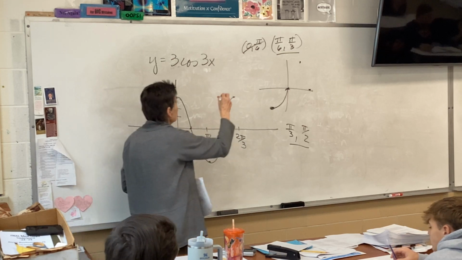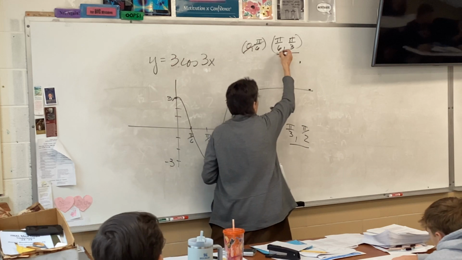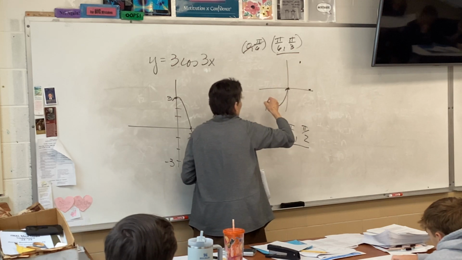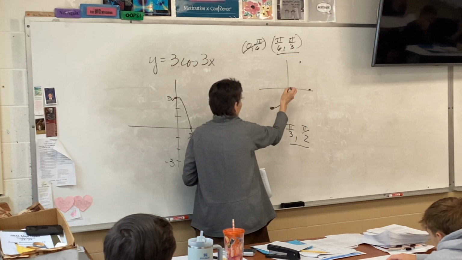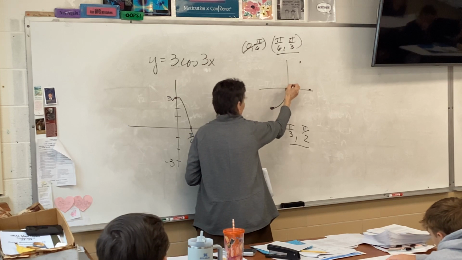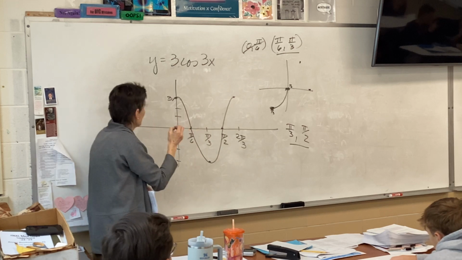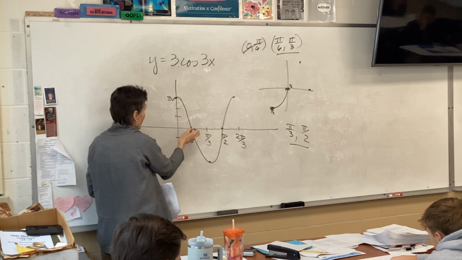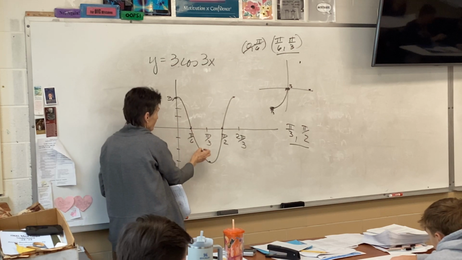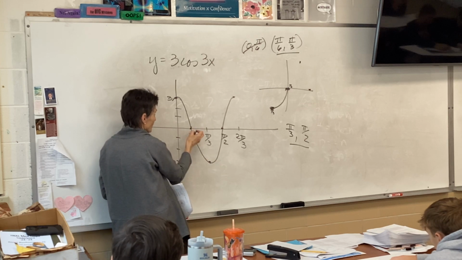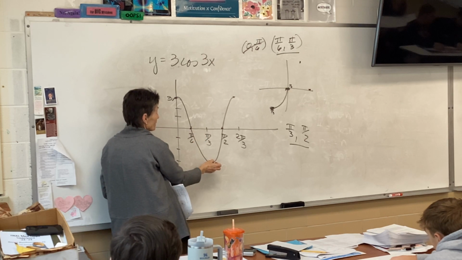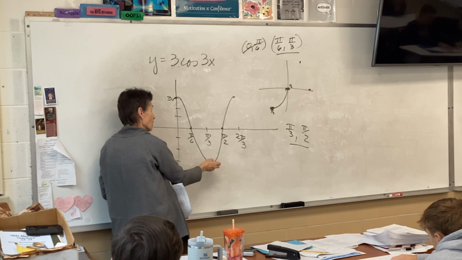So, as I'm moving from pi over 6 to pi over 3, now remember, the pi over 6 point was this one, and this was the pi over 3 point, okay? Look at your picture. From pi over 6 to pi over 3, we are moving away from the origin, away from the pole.